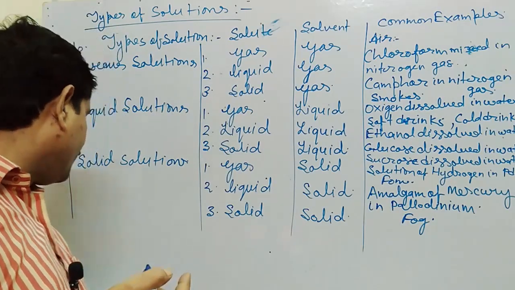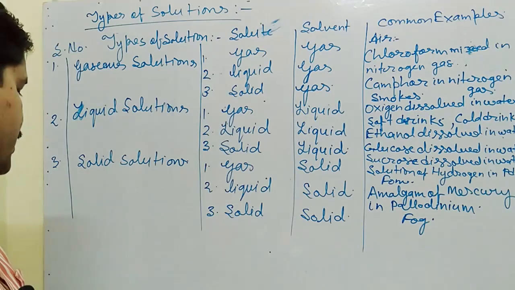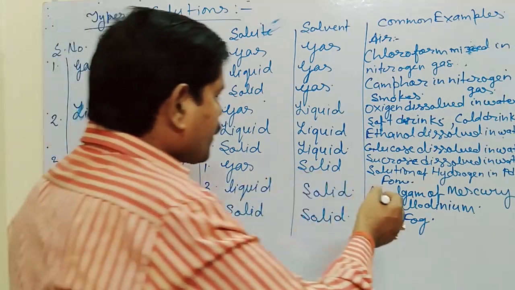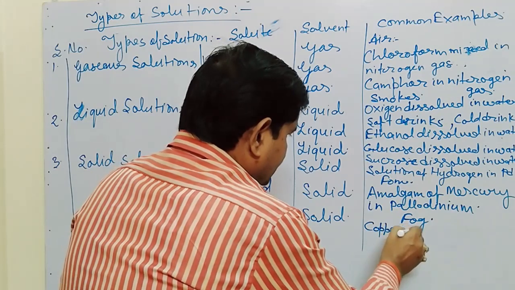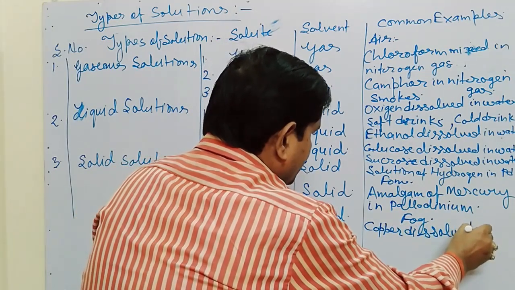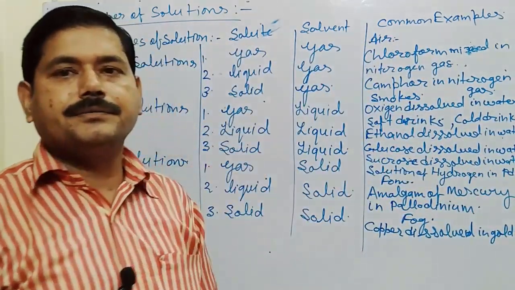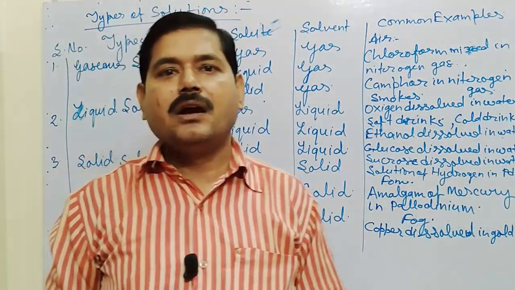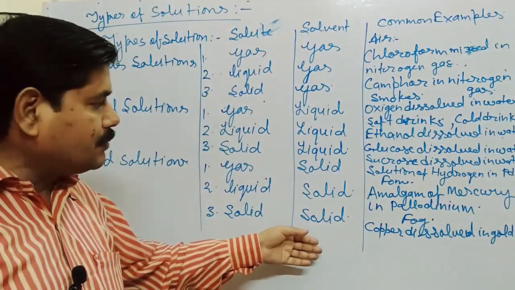The main example found in this type is copper dissolved in gold, and many mixed metals are also examples of this type of solution.